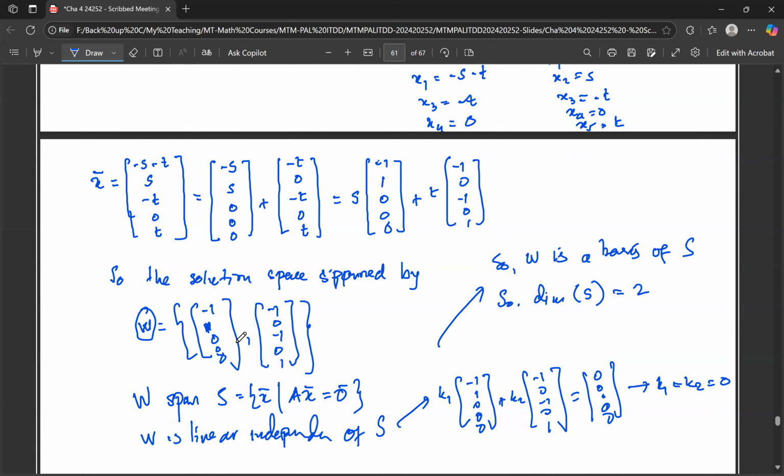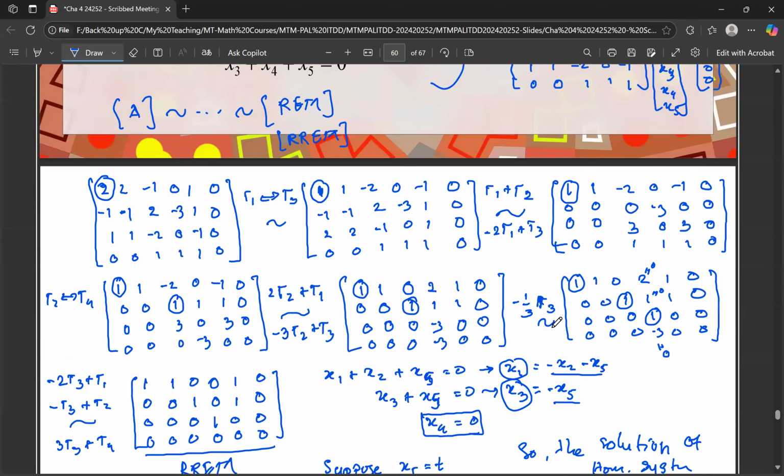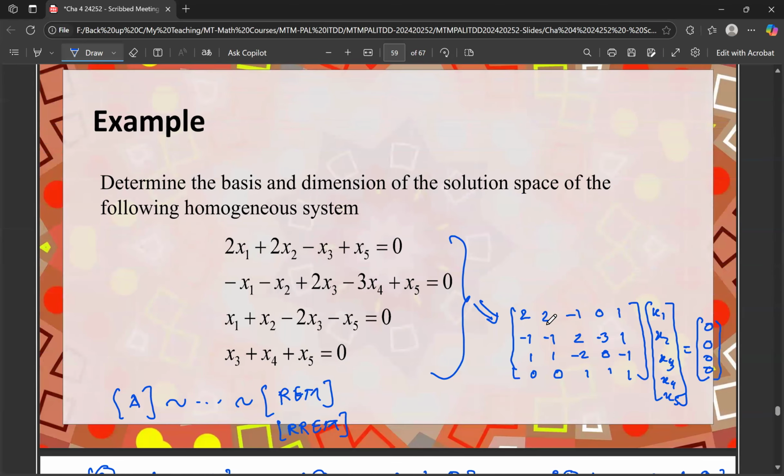Okay, this is how to solve the problem to get the basis and dimension of this homogeneous system. The basis is W and the dimension is 2.